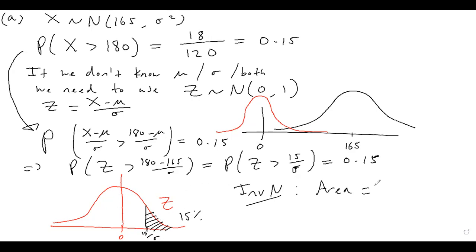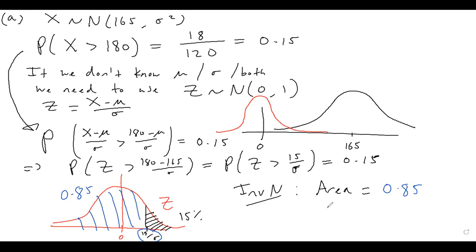So you're not going to put in 0.15 as your area. You're going to look at your curve and say, to the left of this number on the x-axis, what is the area to the left? The area to the left is actually 85%, so 0.85. Your calculator is programmed to take areas to the left of your x value on the x-axis.